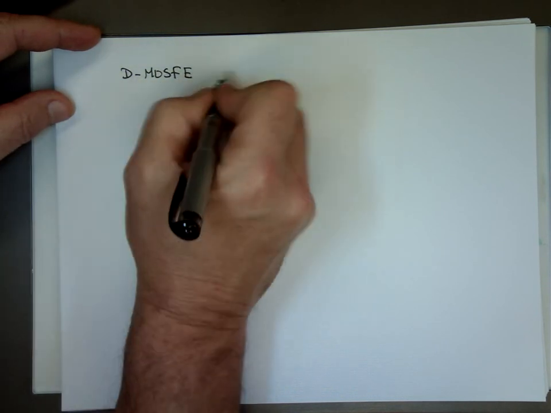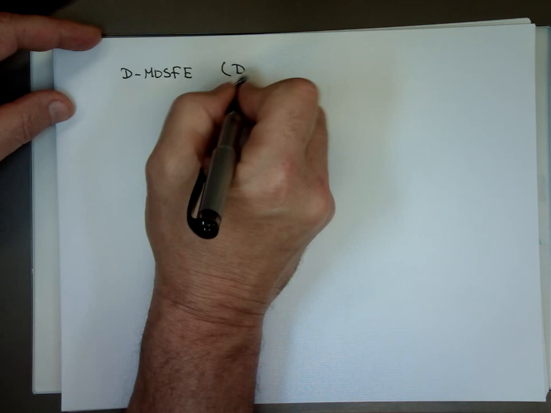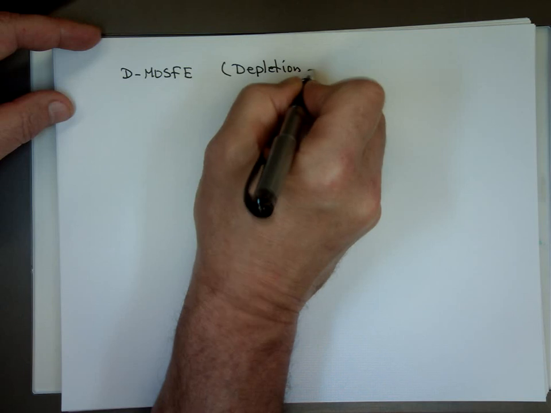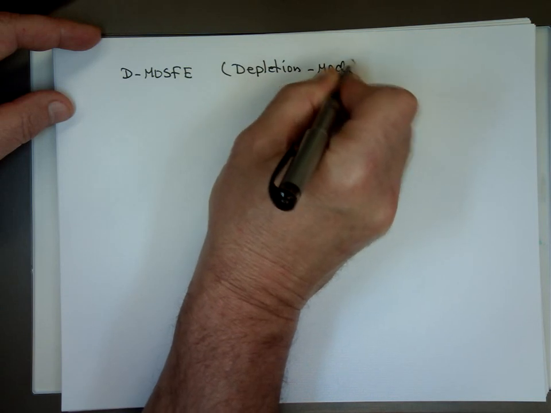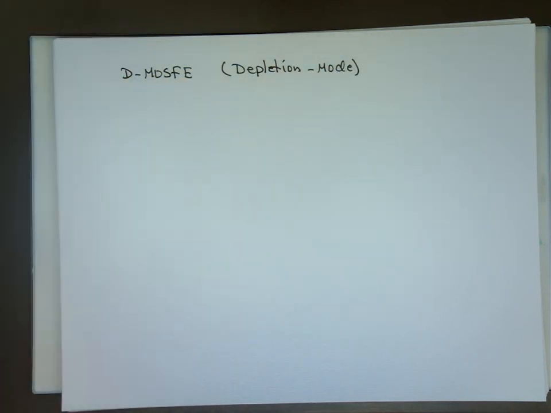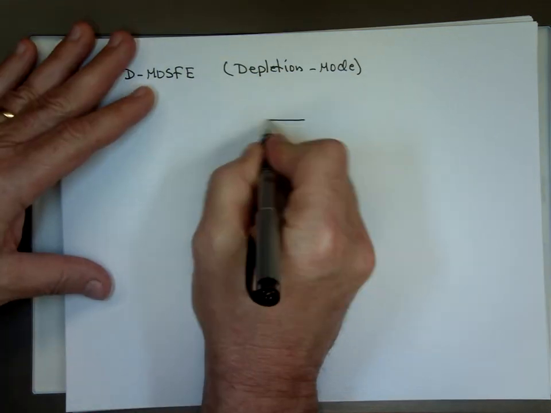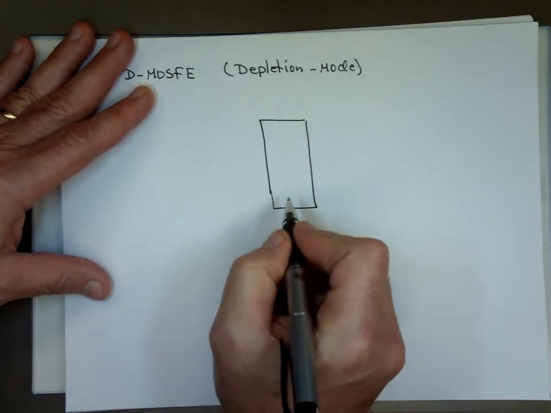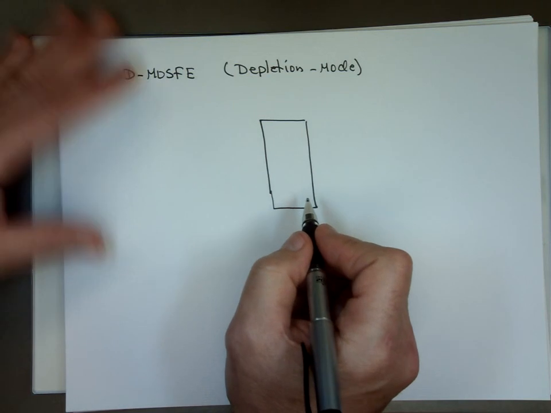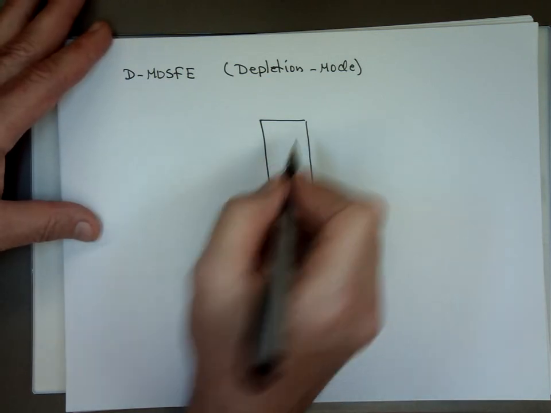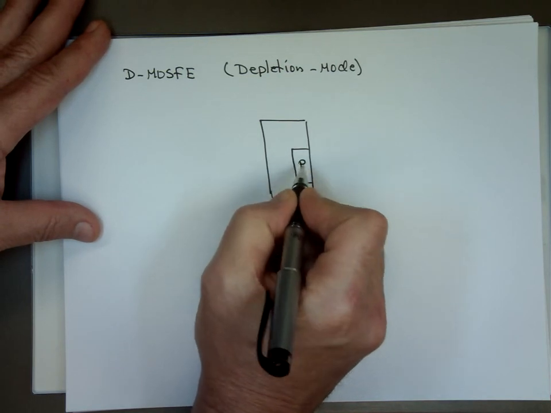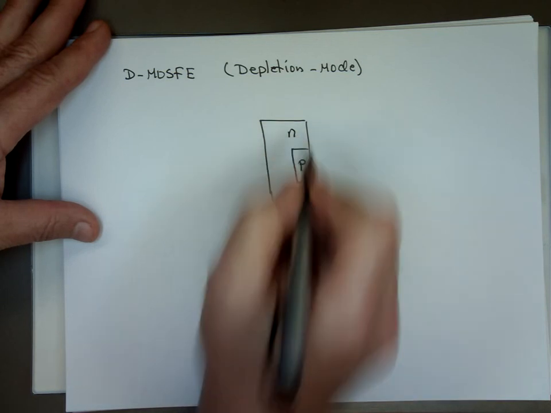The D stands for depletion, but you'll see the word DMOS. That means you're in depletion mode. So if you picture the MOSFET looking like this, there's the P-type here, and this is the N, this is the N.